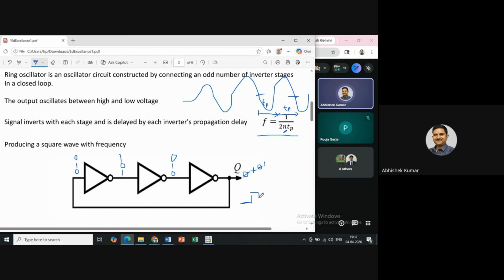Again it becomes 0, again 1, again 0, again 1. So this displays an oscillatory waveform. In this way, we are able to generate an oscillatory waveform between 0 and 1, where 0 is the lower voltage and 1 is the high voltage.